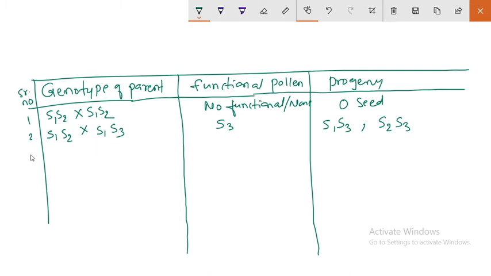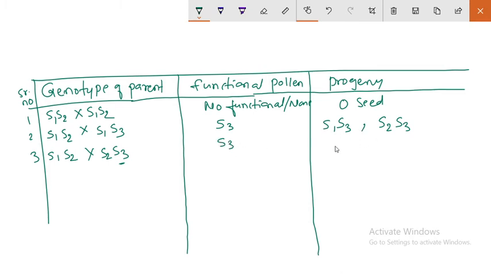Then the third case: an S1 S2 organism is crossed with S2 S3. Here S2 is common and therefore the functional column is only S3.